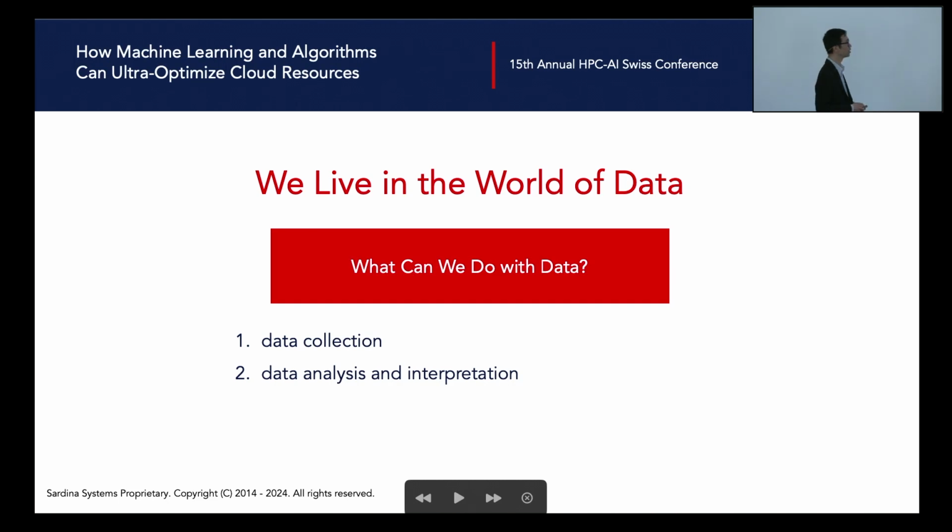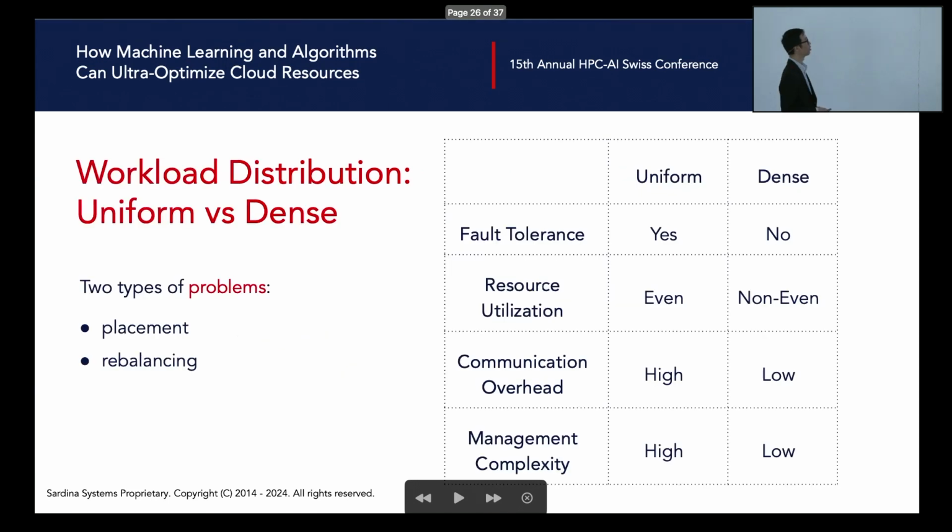And so we collect this data, collect lots of data, and then, basically, we automate the process of making decisions. And now, for how do we place the VMs, and how do we deal with the resources in the system?